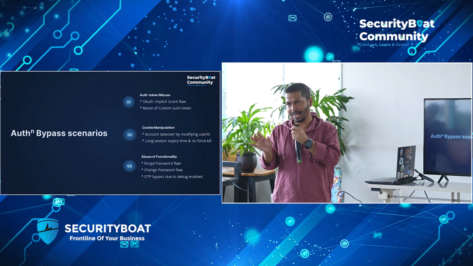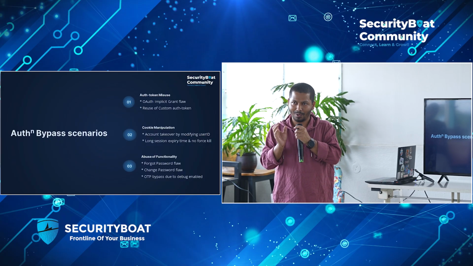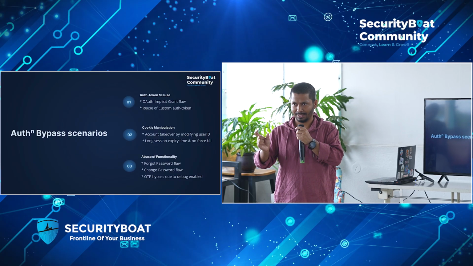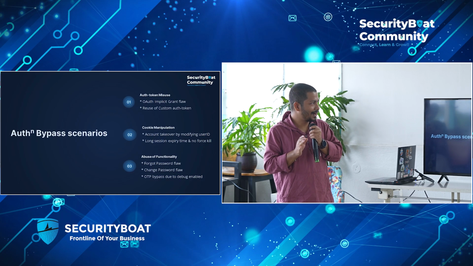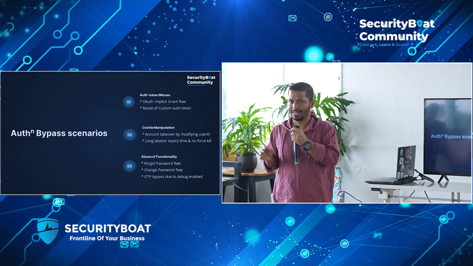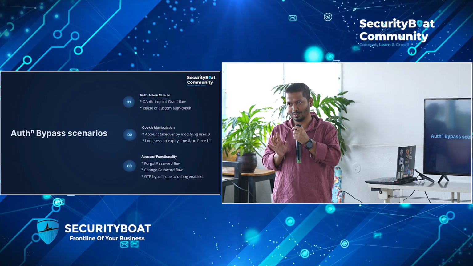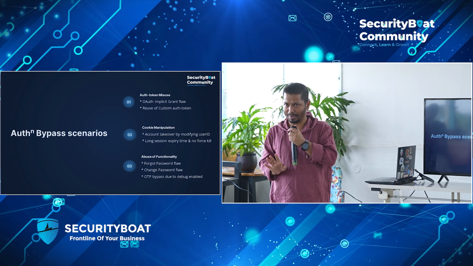For example, user ID equal to 100 or some integer or alphanumeric value, or maybe it is a string, suppose your username itself. In that scenario, what happens? You can try to edit the cookie, change the value to some other random victim user, and then refresh the page and see what happens. If you are able to log in as another user or victim user, then authentication bypass happened, right?